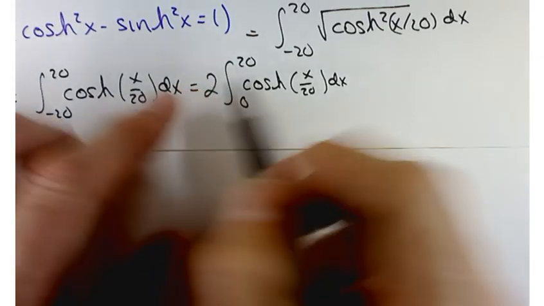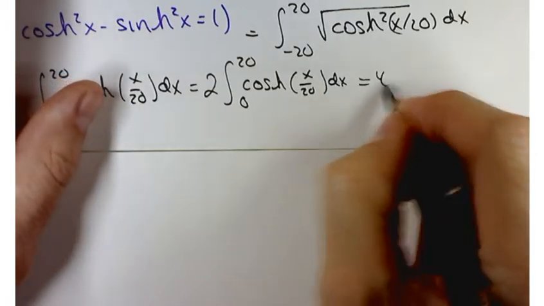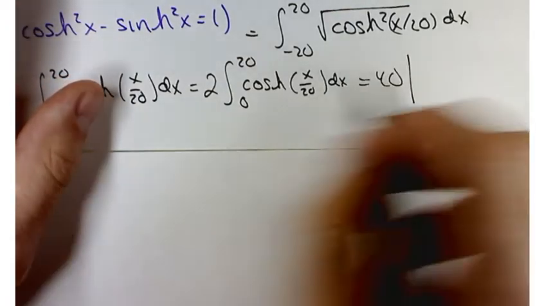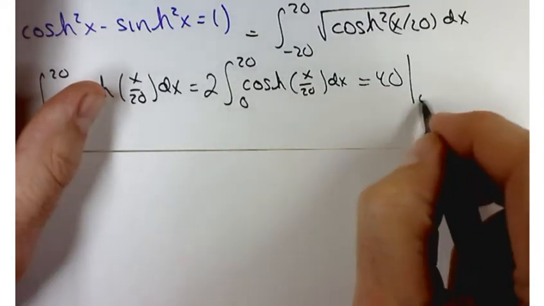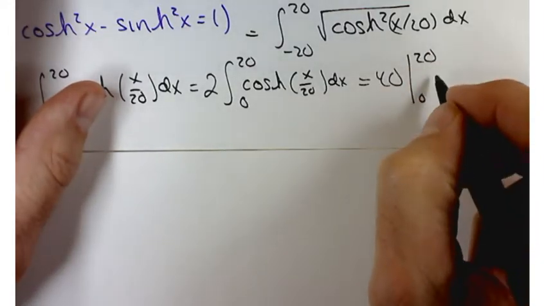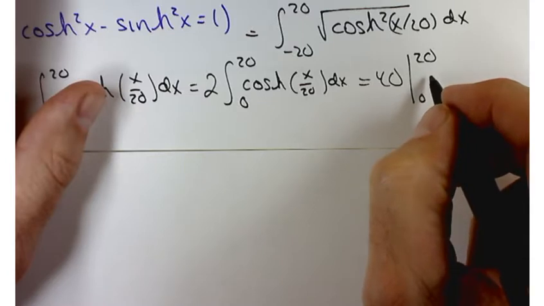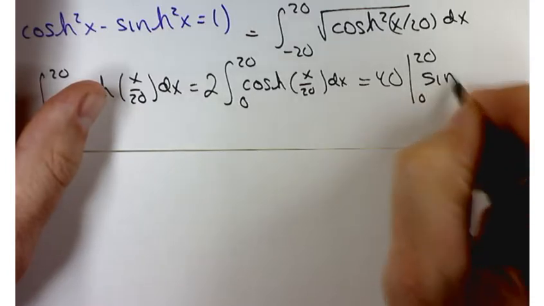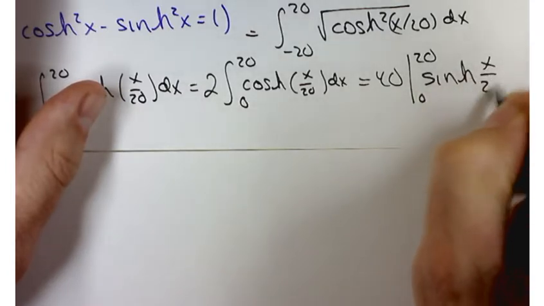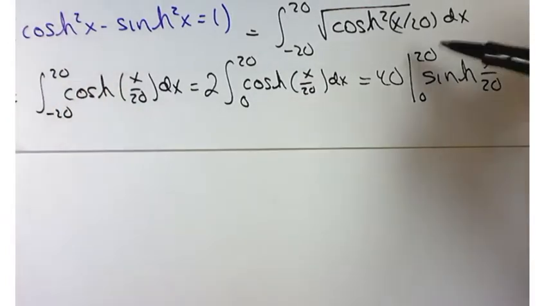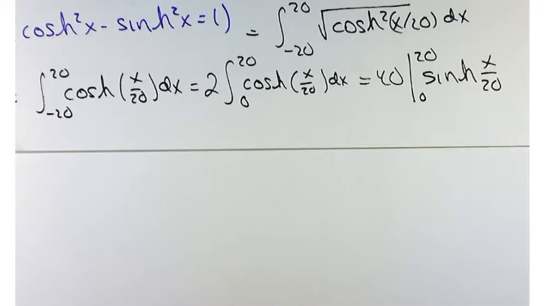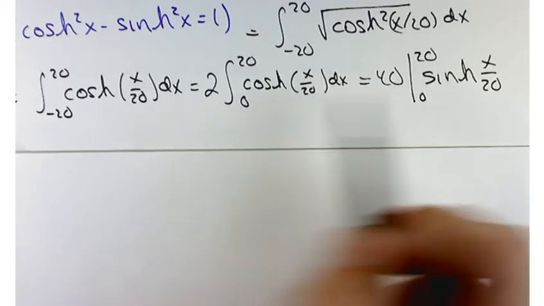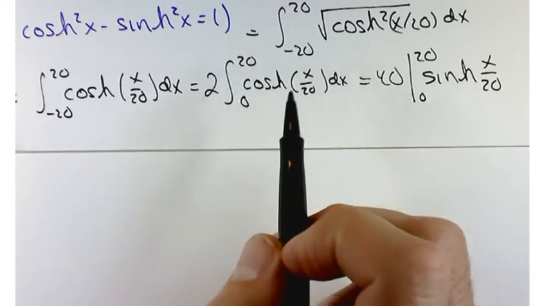20 times 2 is going to be 40. What's the integral of hyperbolic cosine? I don't think there's a negative. I think it's just hyperbolic sine. You can take the time to do a u substitution and you'll get exactly the same place. If this is too much mental gymnastics for you, that's fine.